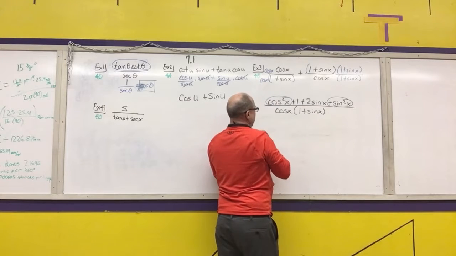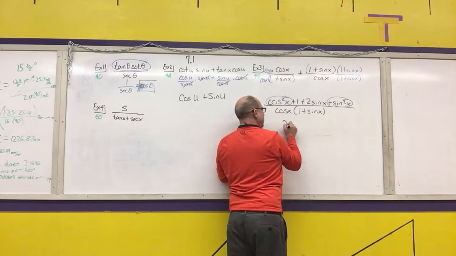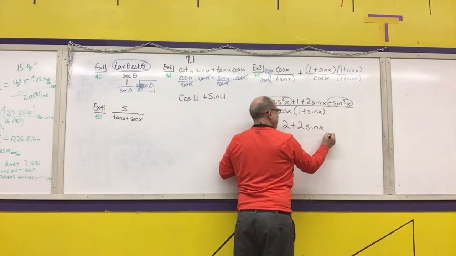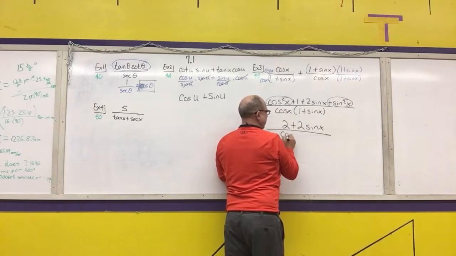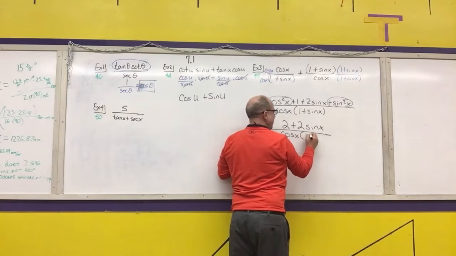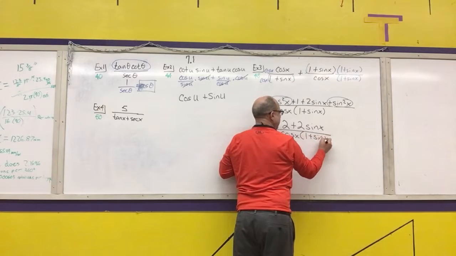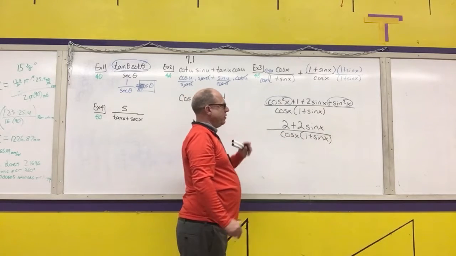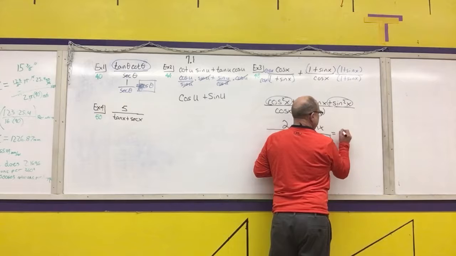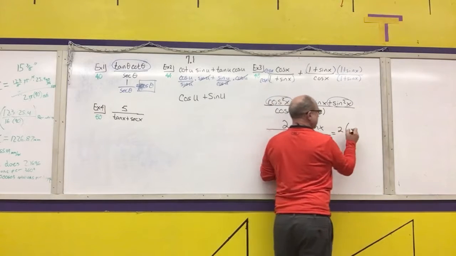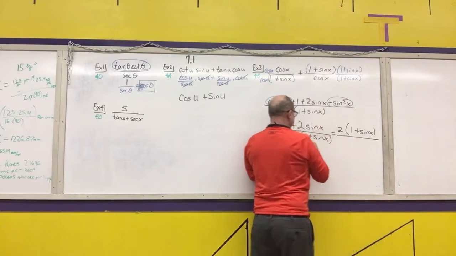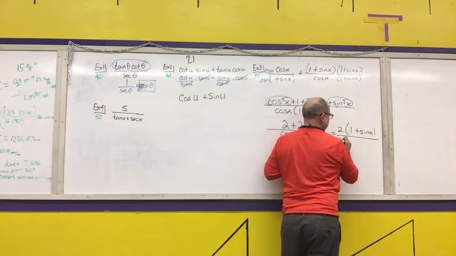So, that is going to be 2 plus 2 sine of x over cosine x times 1 plus the sine of x. I can factor a 2 out of everything here. That's going to give me 2 times 1 plus sine x over cosine x times 1 plus sine of x.